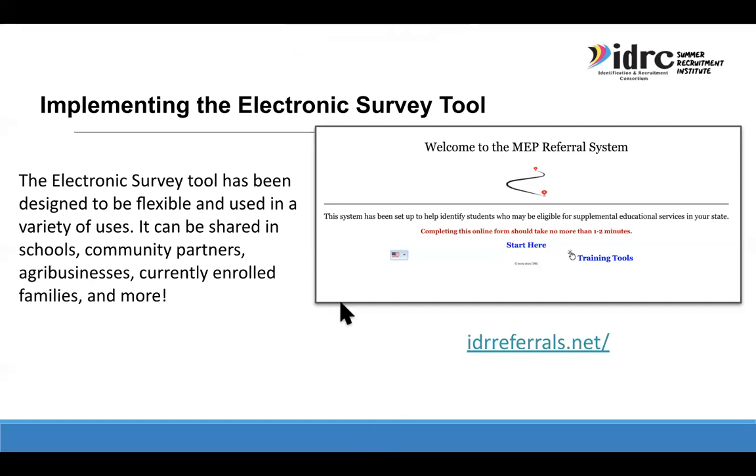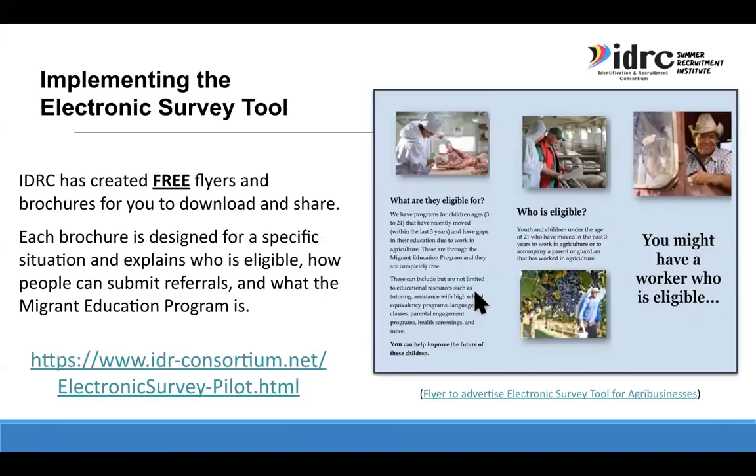Oftentimes when you're recruiting, it's important to build as large a network as you can so that you can get as much information as possible. And so we wanted the electronic survey tool to be easy to share and to be completed quickly. And as I mentioned, a new referral can be completed in only 1 to 2 minutes.